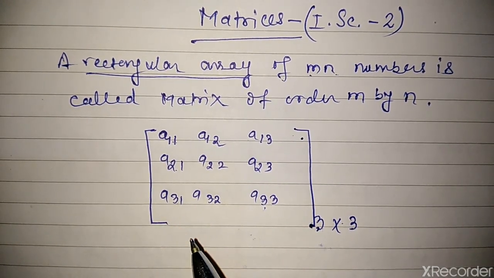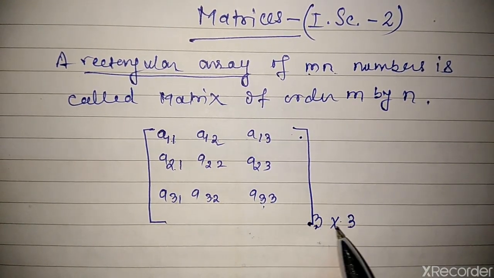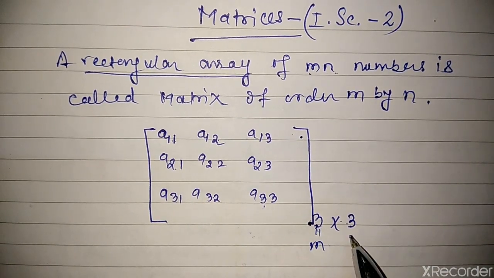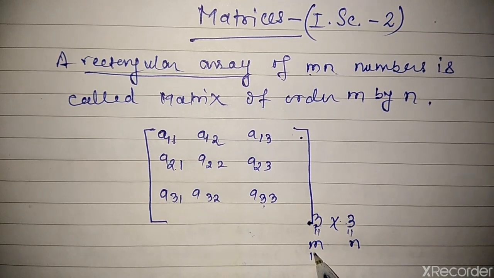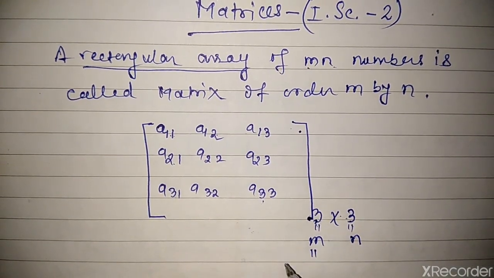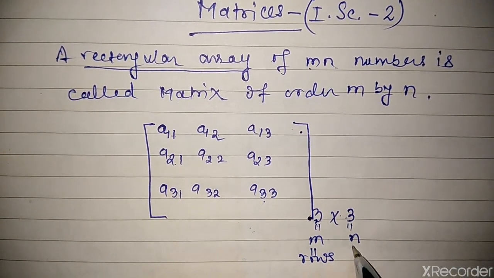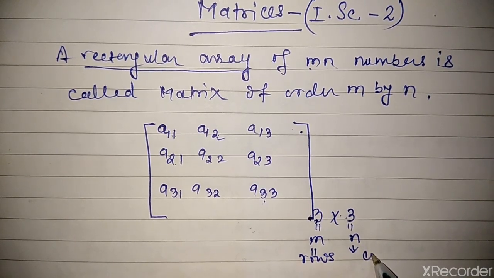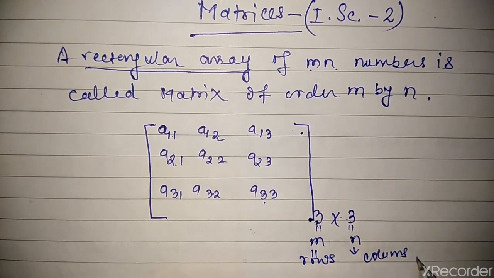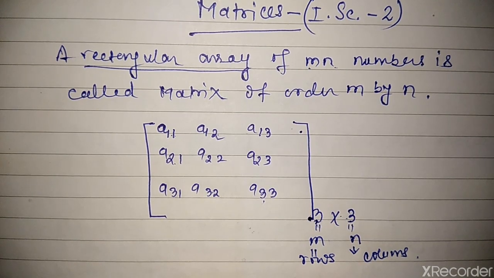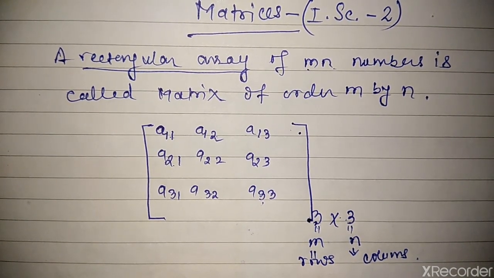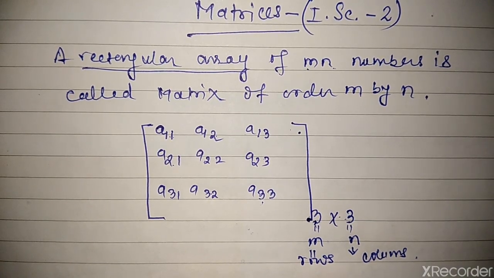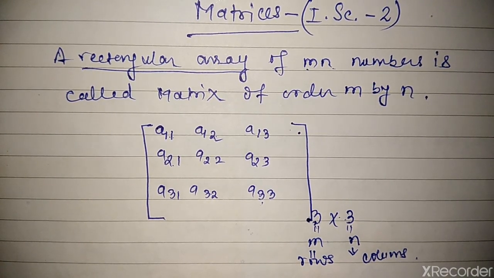That means in this 3 cross 3, 3 represents m and the other represents n. m is used for the number of rows, and n is used for the number of columns. Each of the mn numbers constituting the matrix is called an element or an entry of the matrix.